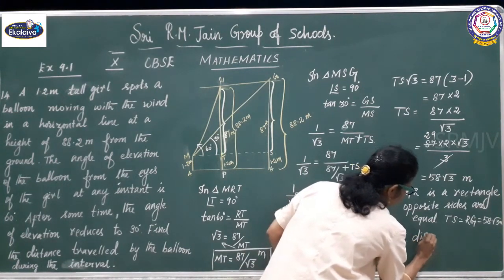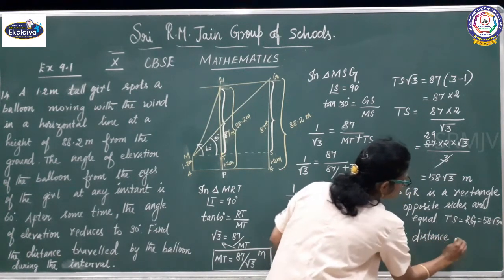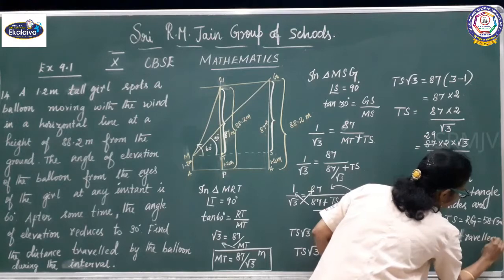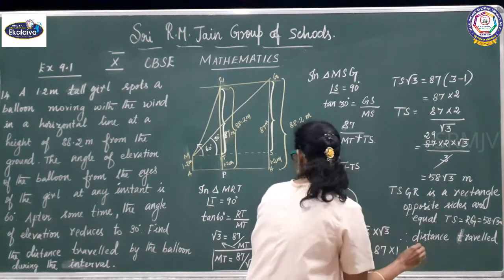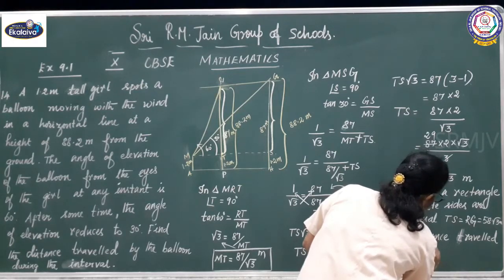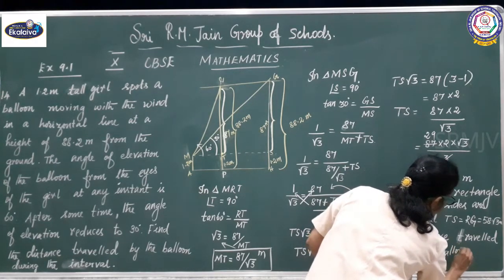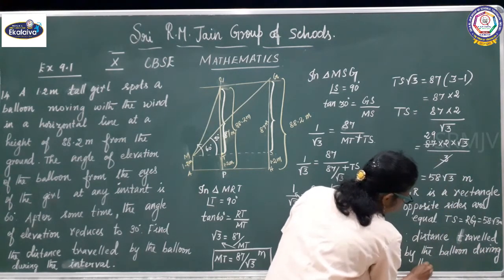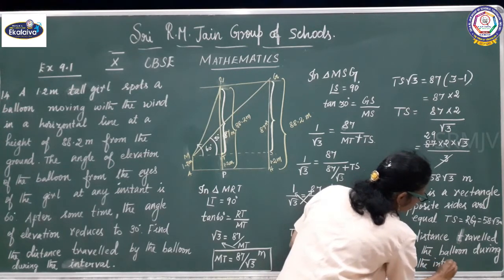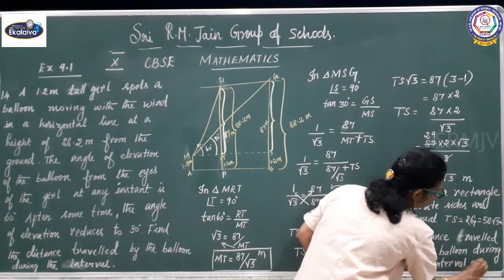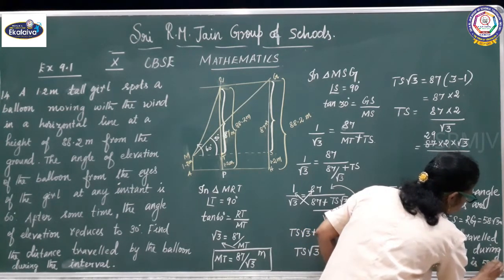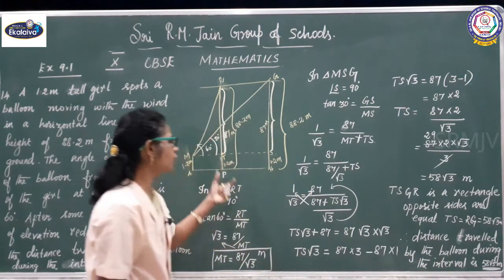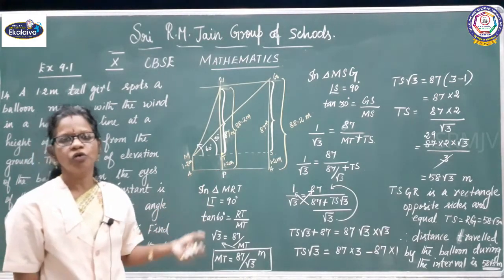Therefore, the distance travelled by the balloon during the interval is 58 root 3 meter. Diagram already it is given in the textbook. Got it, children?